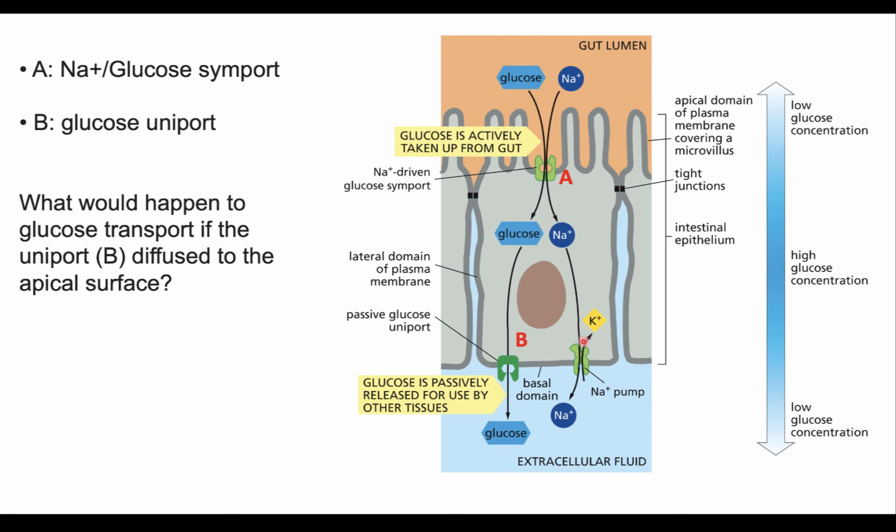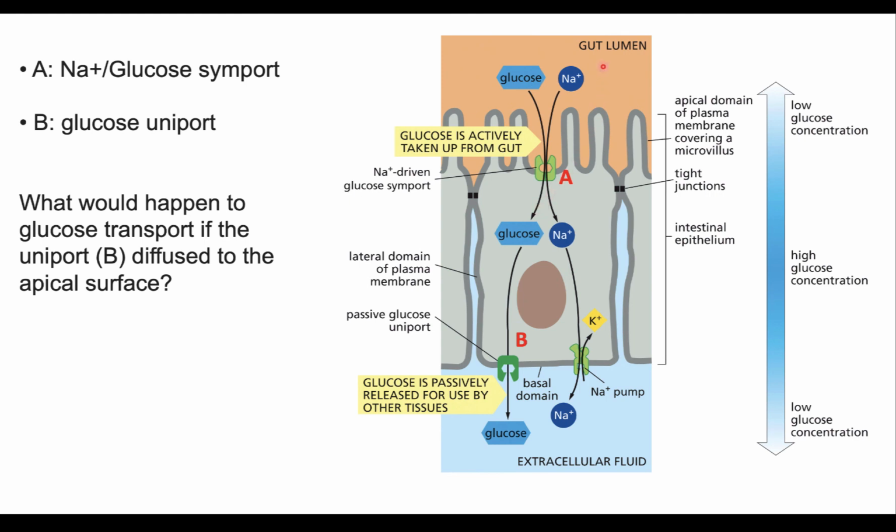Without the action of the sodium-potassium pump, directional transport of glucose against its gradient into the cell would not be possible. Or if we had equilibrium in the sodium concentration, if it was equal inside and outside the cell, we would also have equal movement of glucose inside and outside the cell.